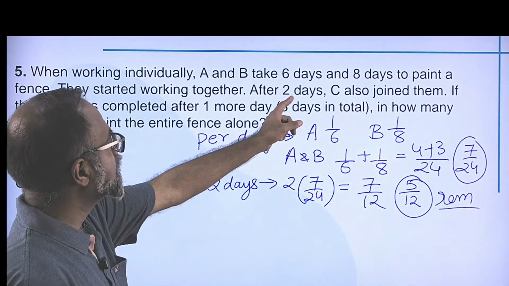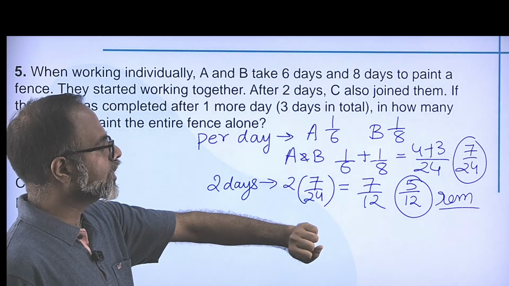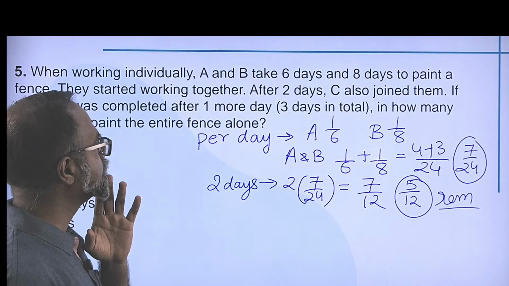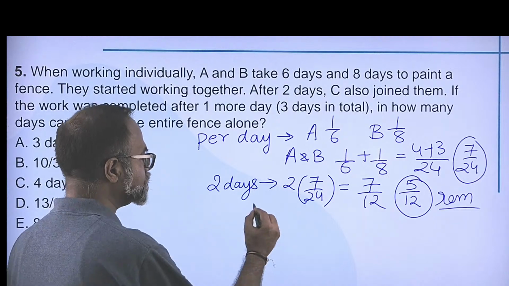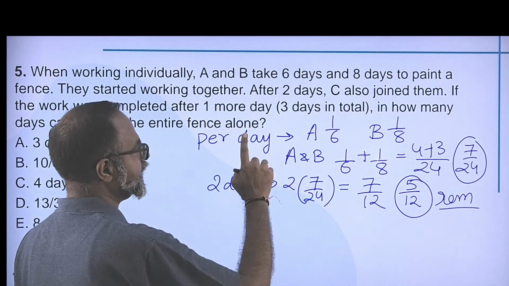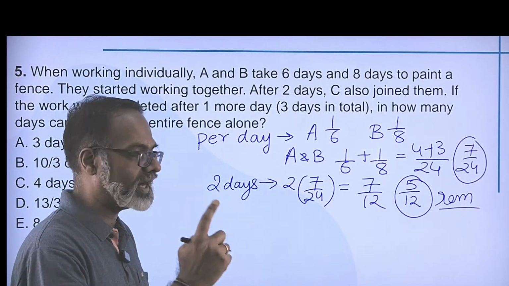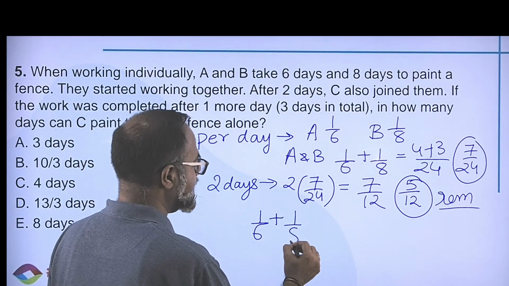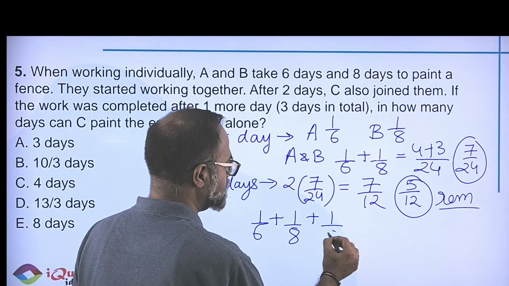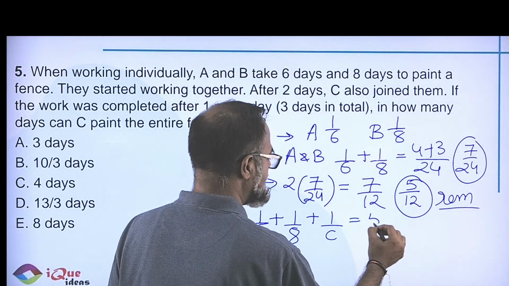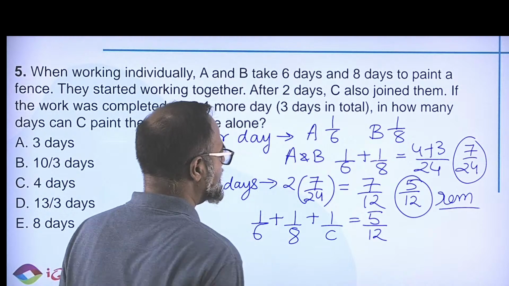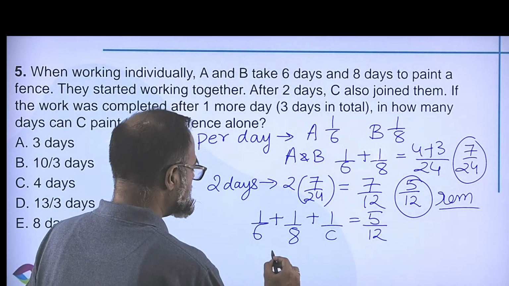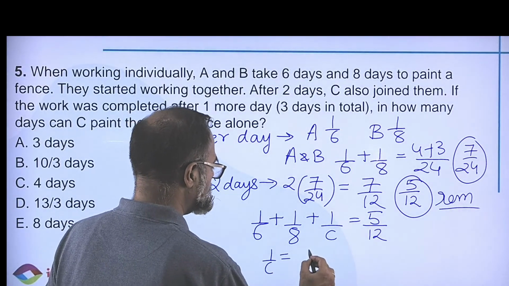So after 2 days, when 5/12 of the work was remaining, C also joined, and the work was completed after 1 more day. Oh, so 5/12 of the work got completed by A, B and C each working for 1 day. So A did 1/6 of the work, B did 1/8 of the work, C, I don't know, did 1/C of the work, and that was equal to 5/12 of the work. So again, 1 upon C is equal to 5 upon 12.